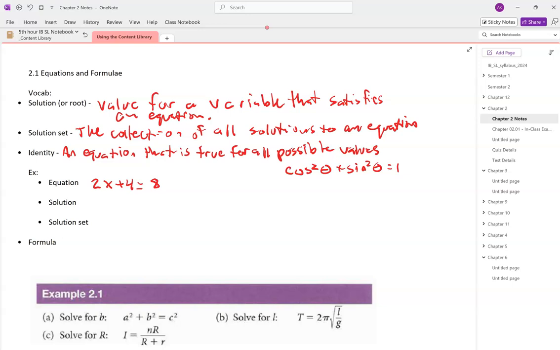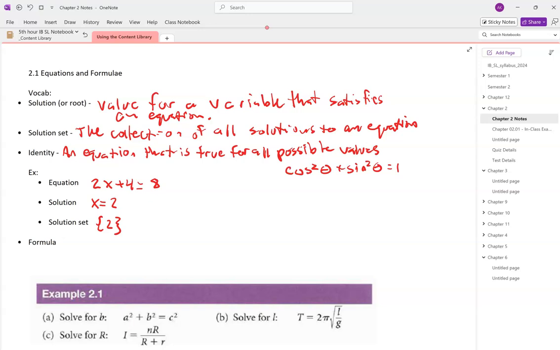Ooh, scary. The solution there, we would say x equals 2. So the solution set would just be the set containing one value, the only solution, 2. So far, so good. Pretty basic.